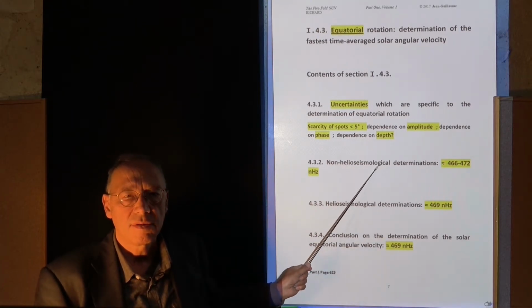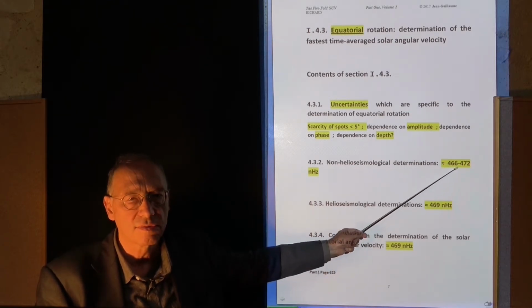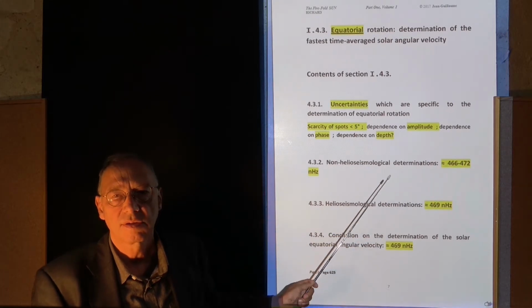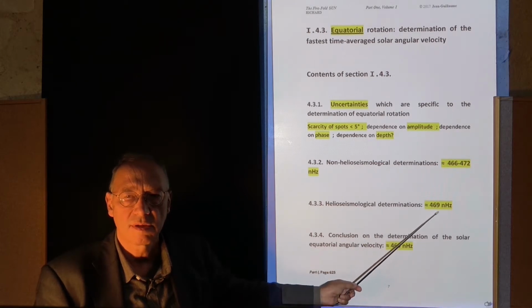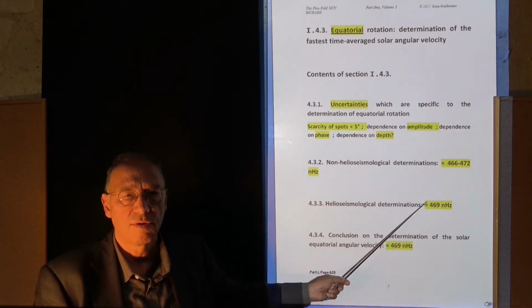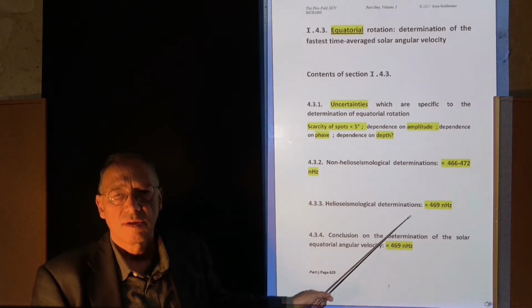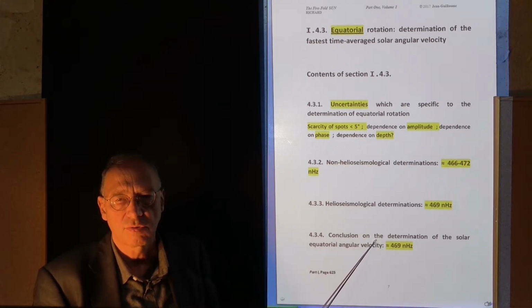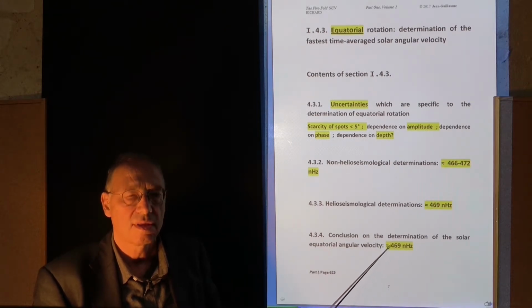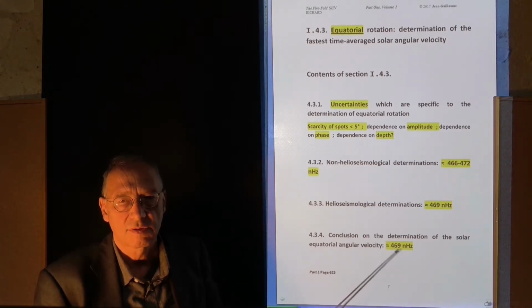The result of non-helioseismological determinations is in the range of 466 to 472 nanohertz, and from helioseismological determinations we have results that are around a value of 469 nanohertz with a very narrow range. So it is easier for us now in the case of equatorial rotation to conclude that the fastest rotation in the solar ball, which is in the equatorial region, is of about 469 nanohertz.